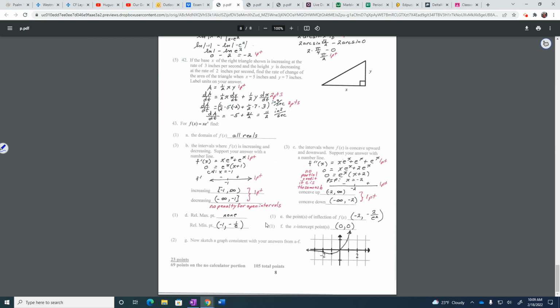There's no relative max, there's a relative min because it goes from decreasing to increasing. Then I did the second derivative, which was a bit challenging. And then the inflection points, as they're called. The second derivative is 0 at -2. And then we got the concavity.